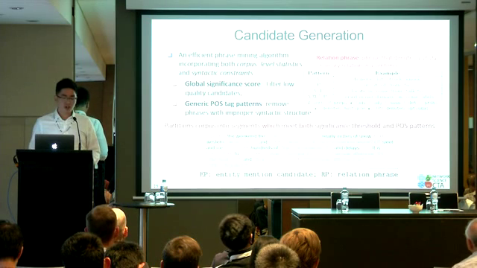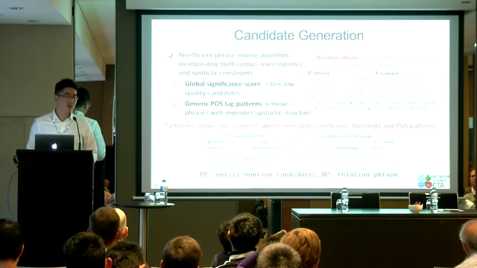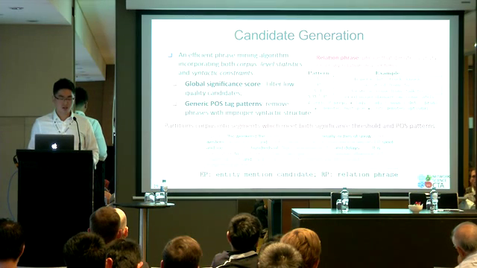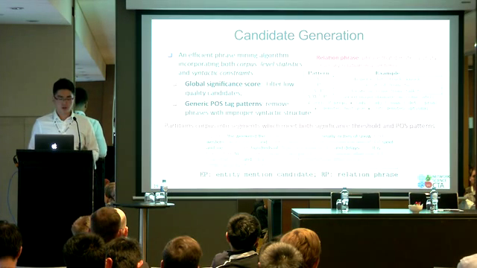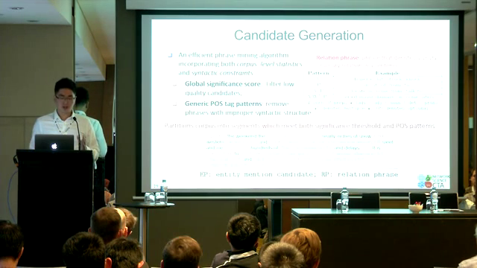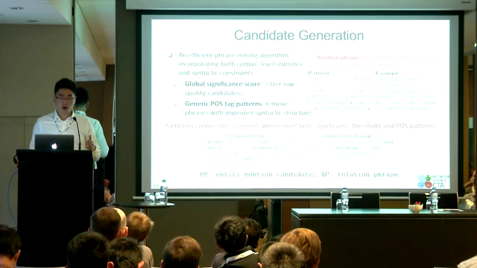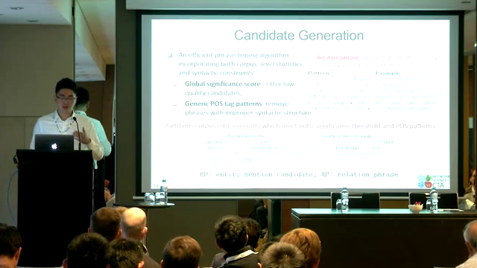If we look into the candidate generation process, we have two key criteria. One is the global significance score of a phrase. The other one is the part-of-speech tag patterns. The part-of-speech tag patterns are actually easier to understand. You have some general ways to define what a relation phrase is.